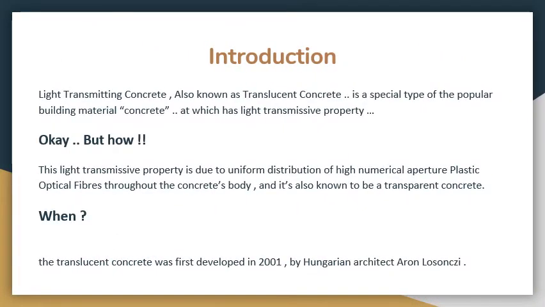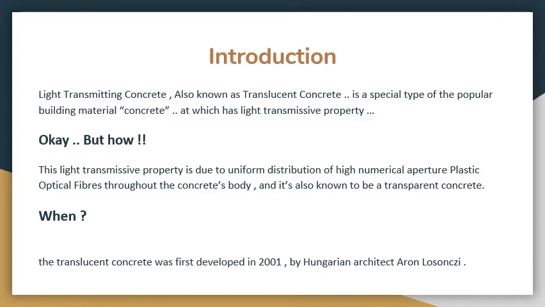So, the introduction: light transmitting concrete, also known as translucent concrete, is a special type of the popular building material concrete, which has light transmissive property.